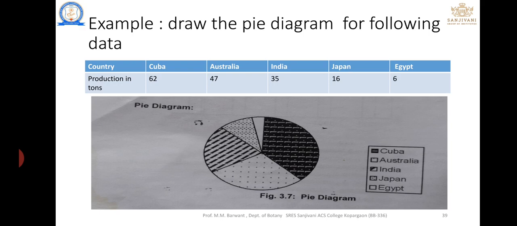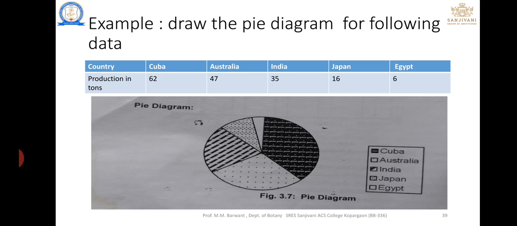For example, the countries are Cuba, Australia, India, Japan, Egypt. Cuba 62, production in tons. Next, Australia 47, India 35, Japan 16 and Egypt 6.